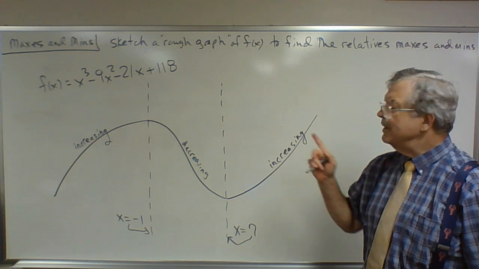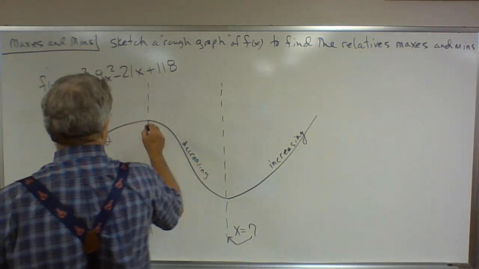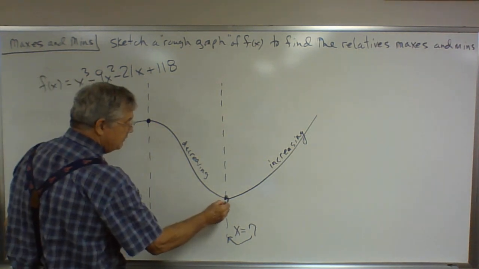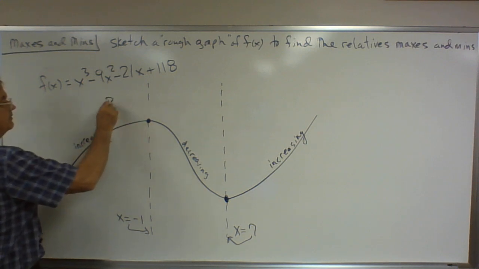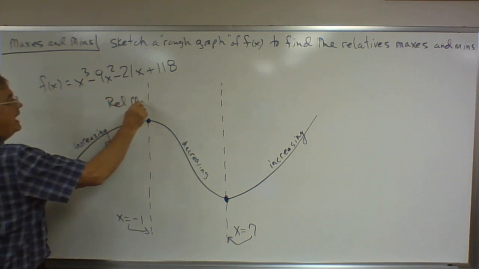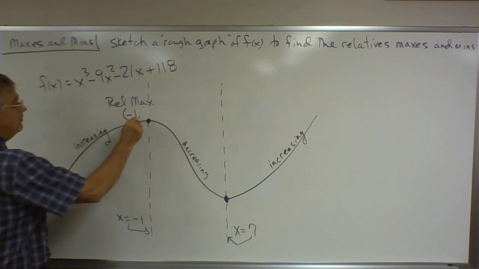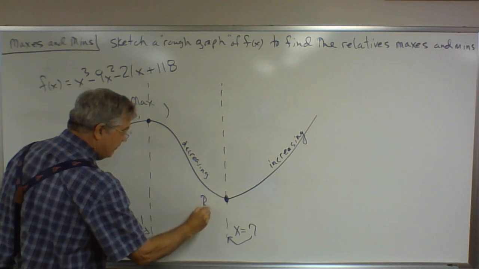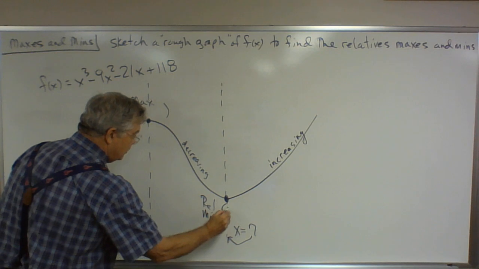I got an idea. Why don't we just look at the graph and look for the high point or high points and the low point or low points, and they'll be our relative maxes and mins. Relative max at x equal negative 1, relative min at 7.